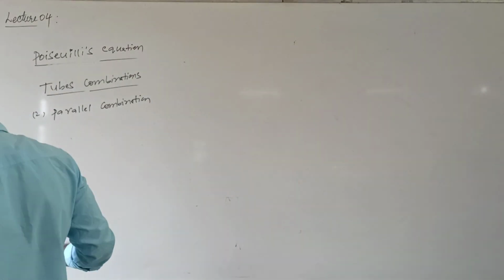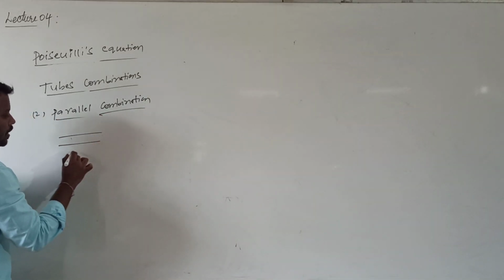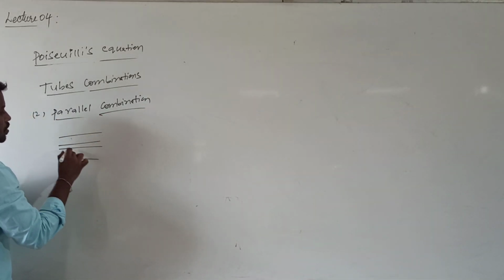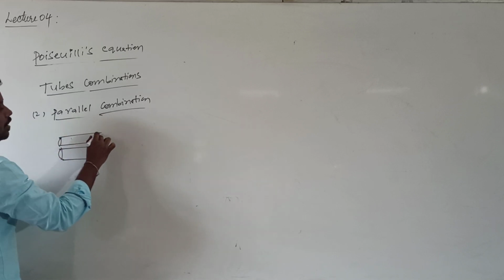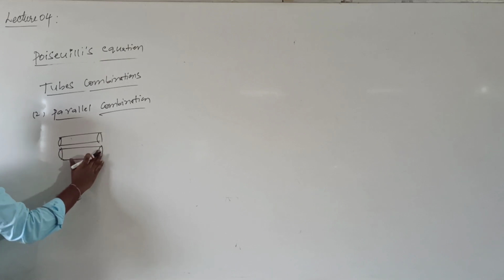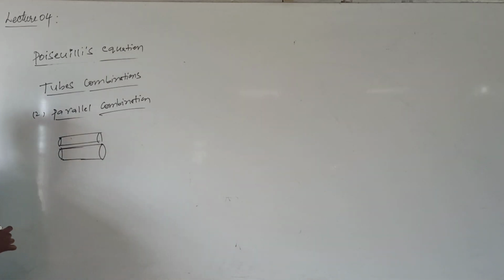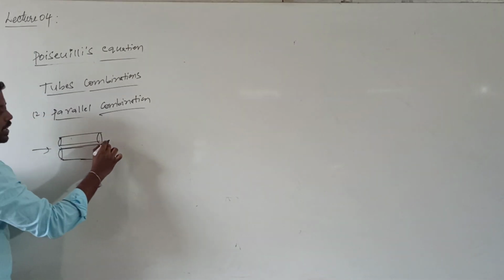So let us see two tubes for the parallel combination. This is the first tube and this is the second tube. Two tubes connected in parallel means the first ends are joined together and the second ends are joined together. Fluid is entering here and leaving here.